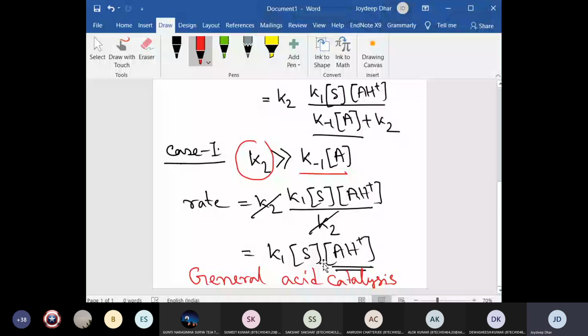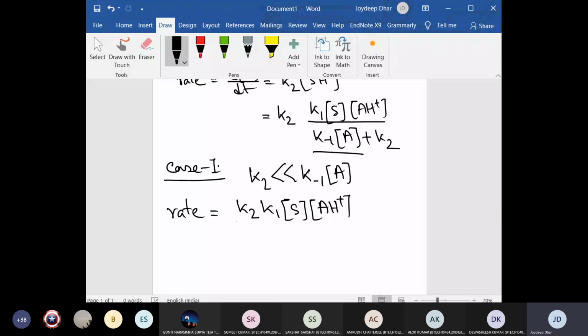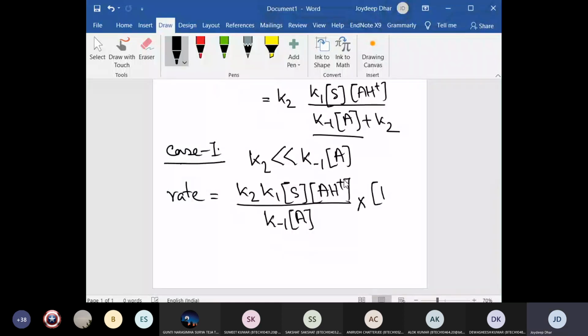Then in that case, the rate of product formation I can write as K2 K1 S AH+ divided by, ignoring K2 now as compared to K minus 1 A, K minus 1 A. Okay, now what I am doing is multiplying numerator and denominator by H+. What is coming out?